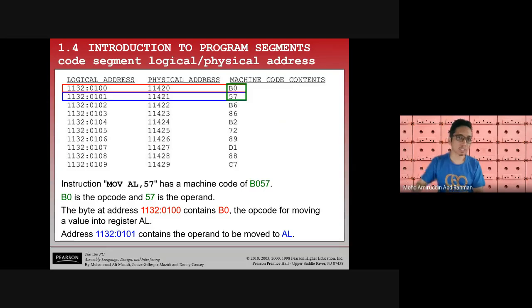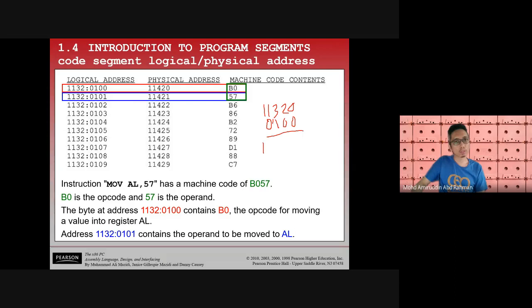Of course, the physical address, we look here. Because it starts from here, we have 1132 added with 0100.